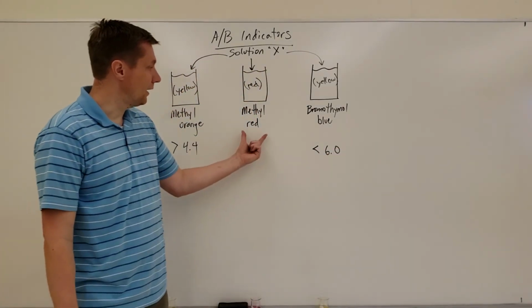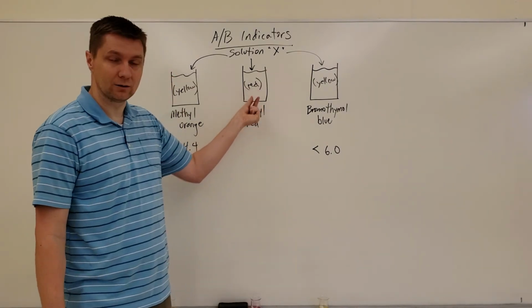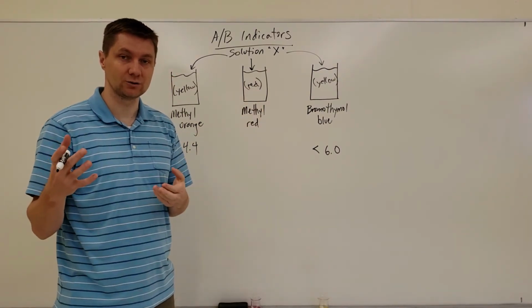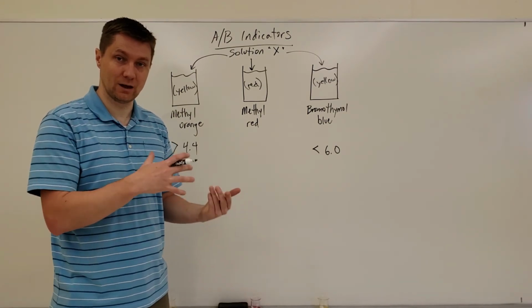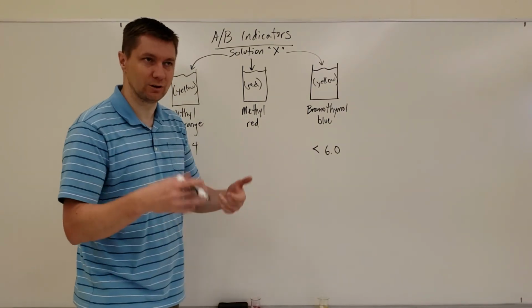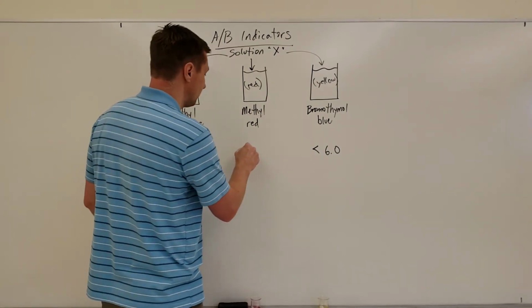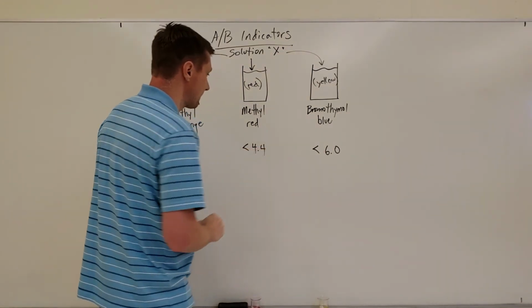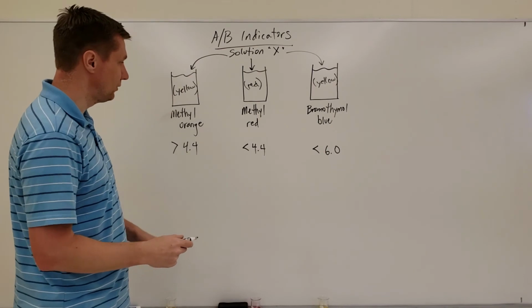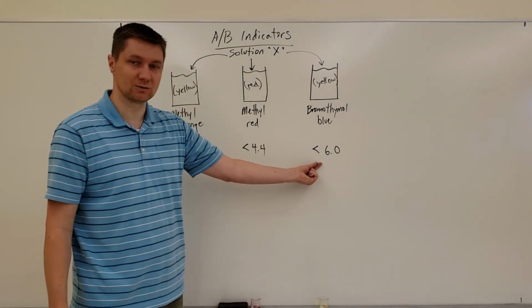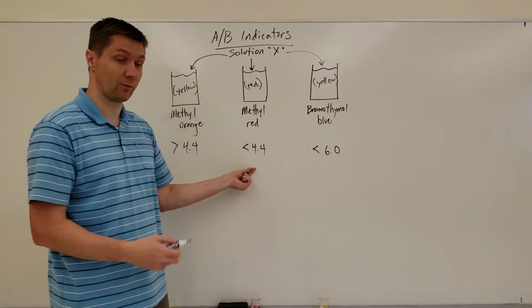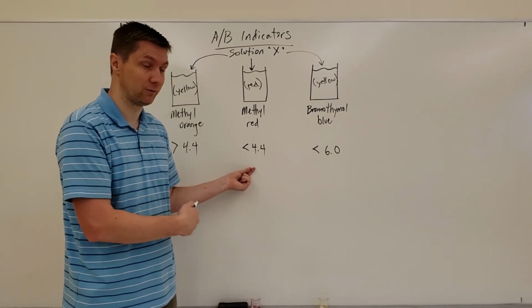And then methyl red, giving us a red color, is going to tell us that the pH is going to be less than 4.4. So you can look at this information and say, okay, I know that the pH is less than 6.0, but because I tested it with methyl red, I also know that it's less than 4.4.